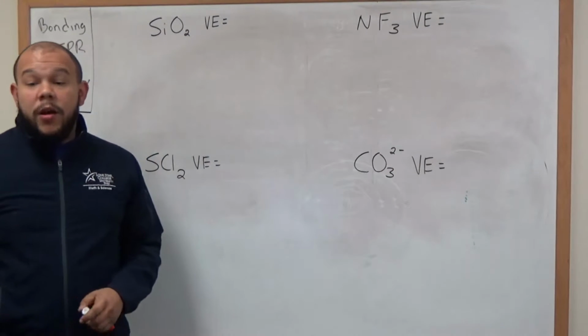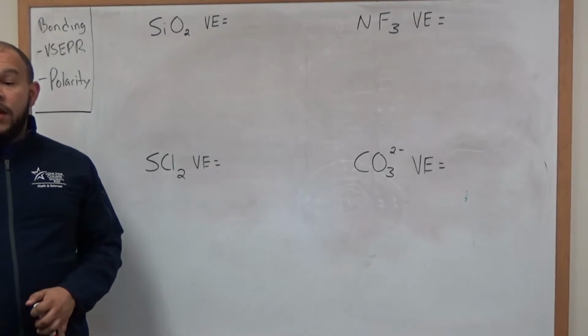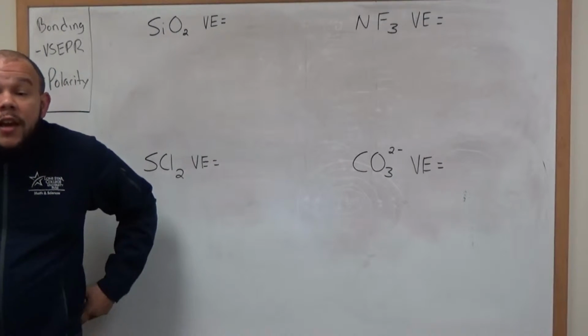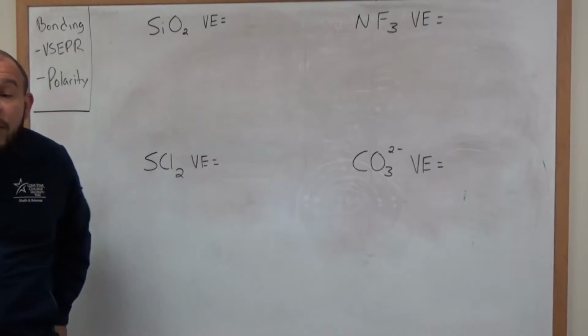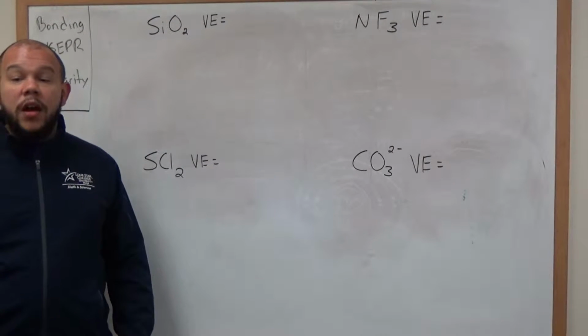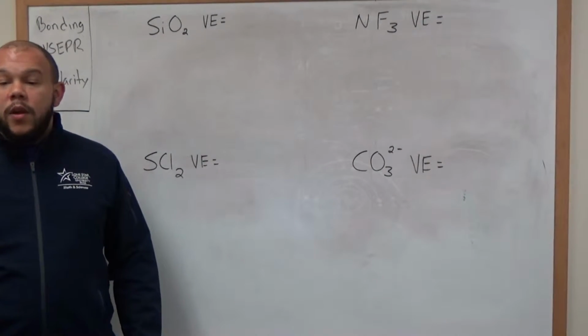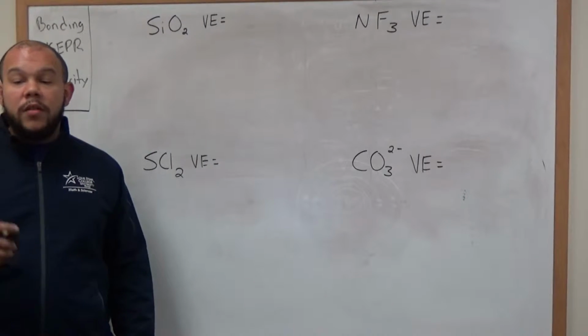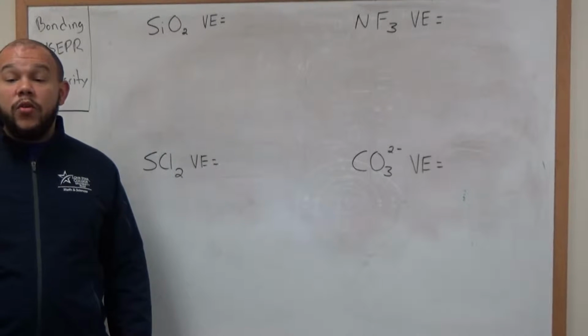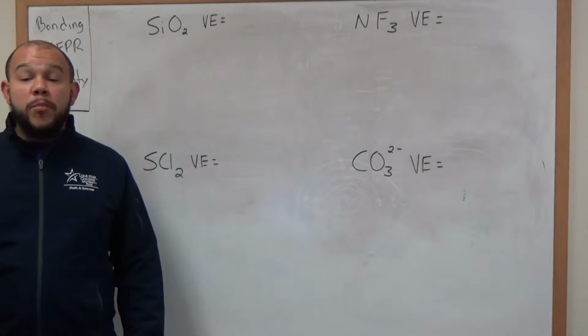So here I have a couple of examples of molecular compounds, specifically covalent compounds that involve a metal and a non-metal. I've tried to get a good mixture of ones, some with no double bonds, some with double bonds, some with resonance, some with charge, polar and non-polar.